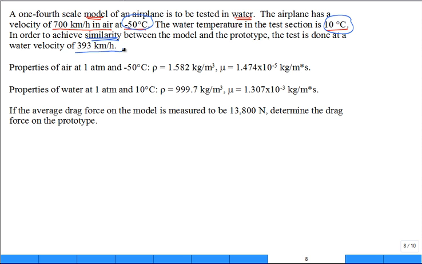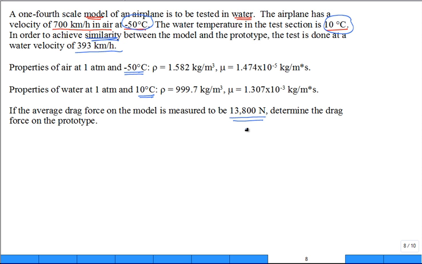Here are the properties of air at that negative 50, 1 atm, and properties of water at 10, so the density and viscosity. If the average drag force on the model is measured to be this much, what is the drag force on the prototype? Use that data to predict the drag force on the prototype. Make sense? I'll pause and let you see how far you can get.